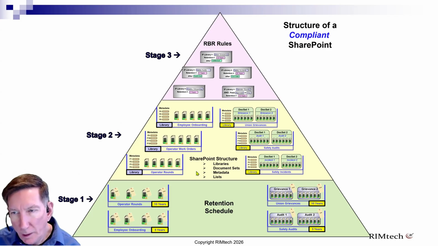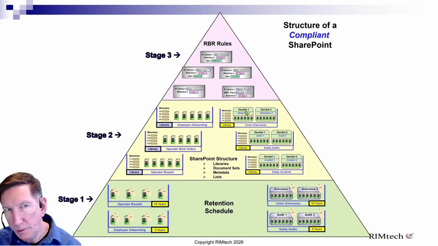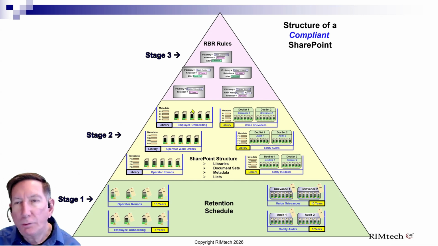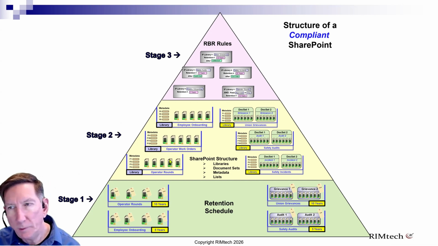Of those 800 libraries in SharePoint, 480 will be on the right, which will be subdivided into document sets, which is a case, a collection of related documents with a unique ending date. 320 libraries on the left will not be subdivided into doc sets. Okay? So what's this thing on the top? Well, that's why you're here.